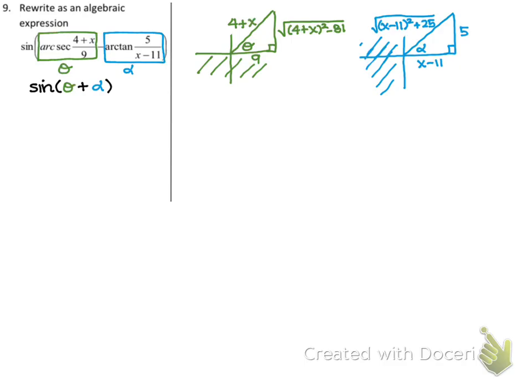Okay, so we've got the two triangles drawn. We've got theta and alpha, and now this is sine. So let's go ahead and try to expand this. So if we want to do, not blue, let's do sine of theta plus, nope, it's not plus, excuse me, this is minus. Let's get rid of that plus sign over here.